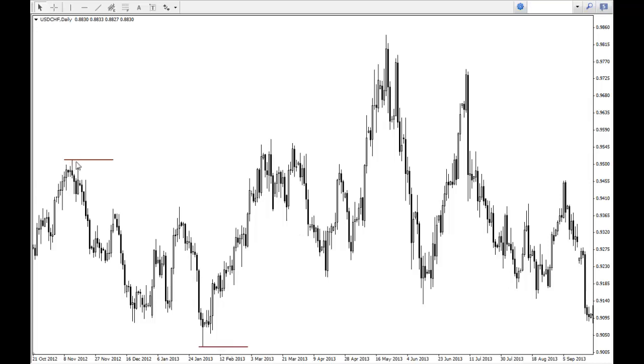We have a high here and a low here. The range is defined by this low and this high. The likelihood of price moving out and continuing to move higher is rather low. In other words, the way I interpret it, and you can go with this if you want, I view this as a 70% chance that this market is going to have a very difficult time breaking out to run to new highs.